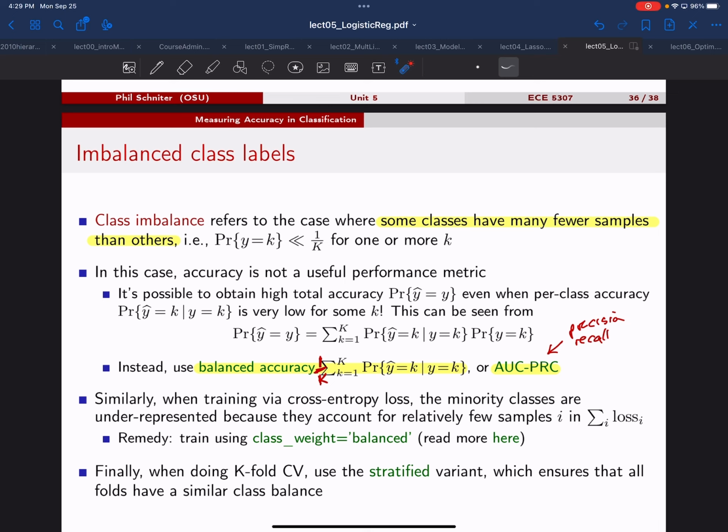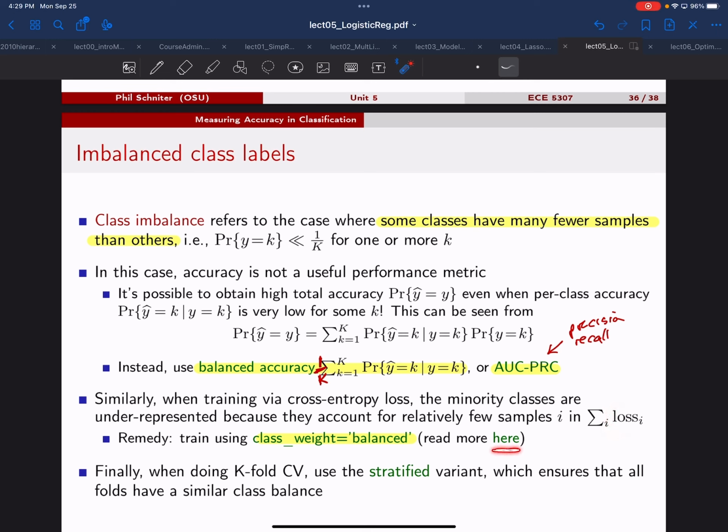So scikit-learn gives you a pretty convenient way to deal with this. All their classifiers have an option called class weight. If you set that option to balanced, then, I haven't read up on the documentation since last term, but I think it weights the loss so that whenever you have a sample from the minority class, it basically increases the value it uses in the sum.